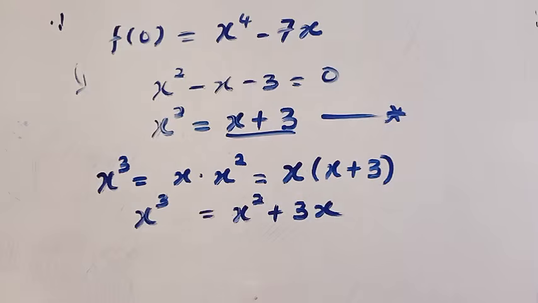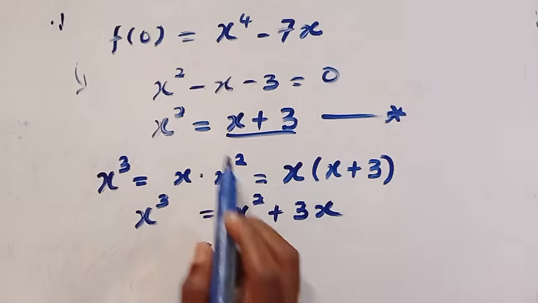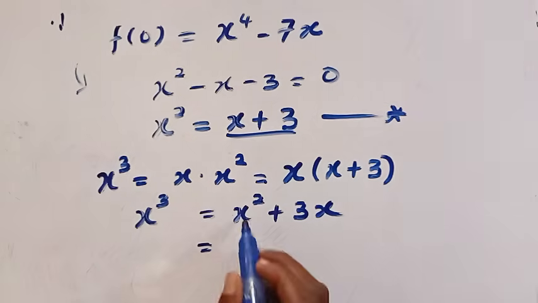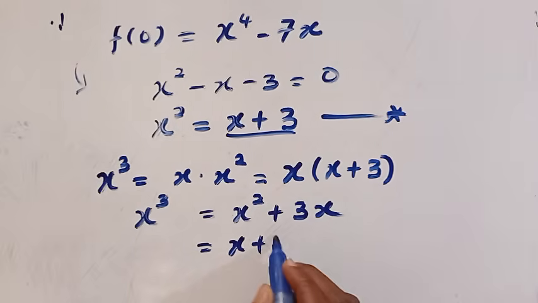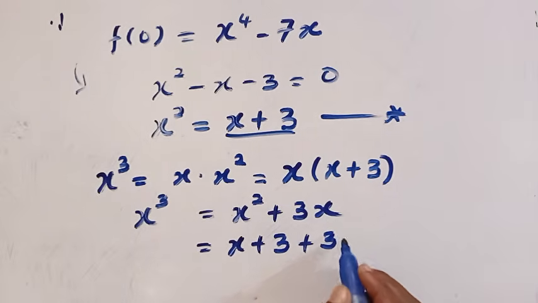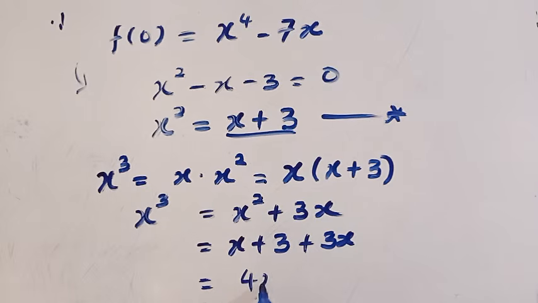Again, I don't need this x squared here, but x squared is x plus 3. Replacing this, we have x plus 3 plus 3x, and everything here gives us 4x plus 3. This is for x to the power of 3.